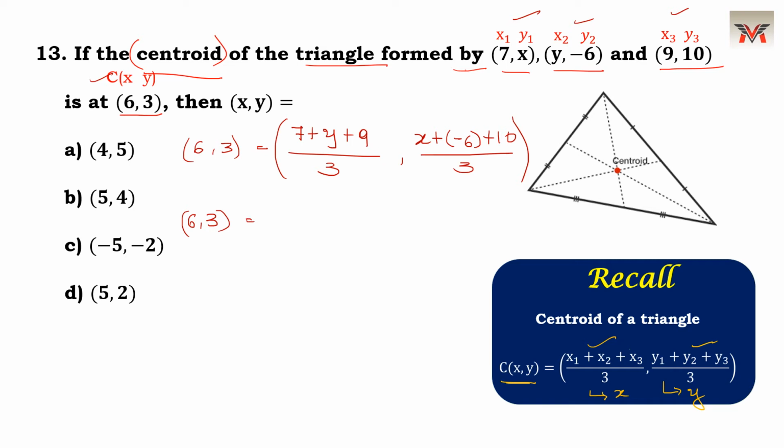What is 9 plus 7? 16. So (16 + y)/3, and minus 6 plus 10 is plus 4, so it becomes (x + 4)/3. As I told you, this gives me x and this is y.